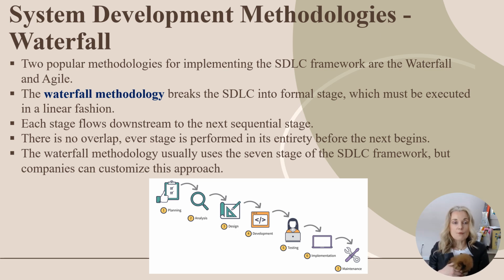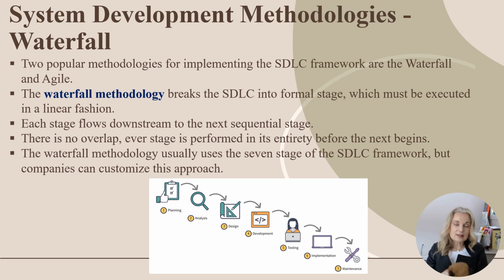There are two popular methodologies of implementing the SDLC framework. One is the waterfall system and the other is the agile system. With the waterfall methodology, it's very sequential and it breaks down the SDLC into formal stages, which must be executed in a linear fashion. Each stage flows downstream to the next stage sequentially.